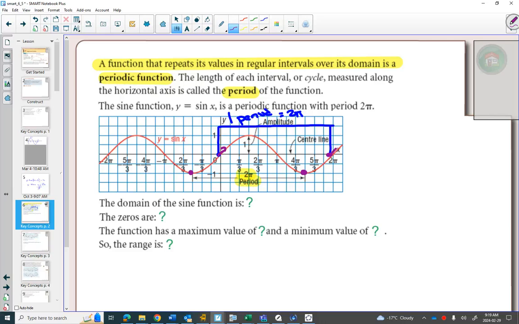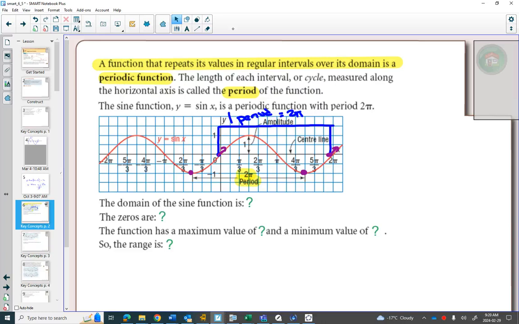It's not until I get to 2 pi that I start repeating this cycle again and again. So I could take this part of the graph and just clone it and paste it over and over again, and that's what my whole graph will look like.